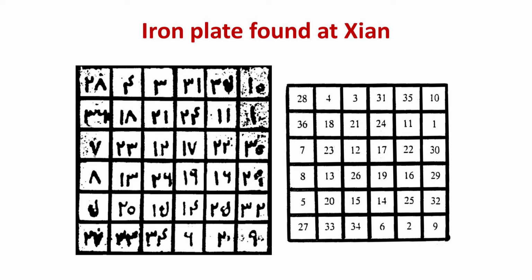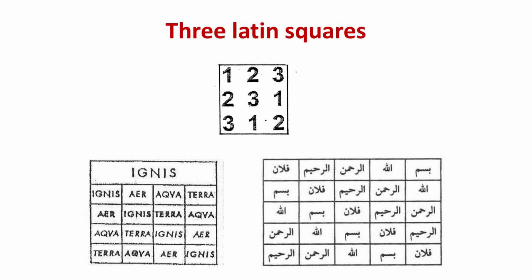Leonhard Euler was also interested in magic squares, and he showed how to construct them from Latin squares. A Latin square is a square array of symbols arranged so that every symbol appears just once in each row and each column. So here are Latin squares of size 3, 4, and 5 from various sources. The 4 by 4 one appears in Llull, and the 5 by 5 is obviously an Arabic one.